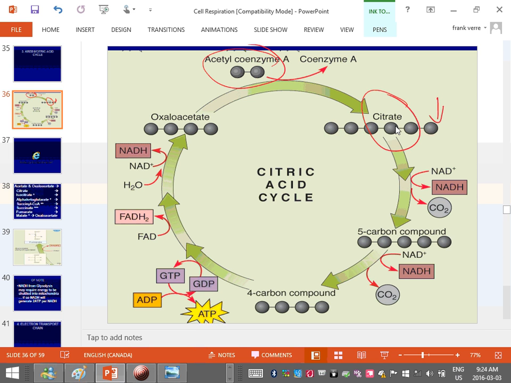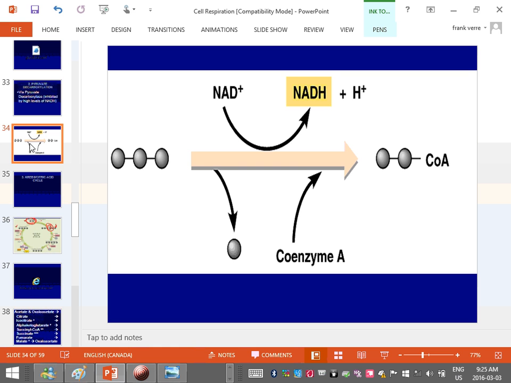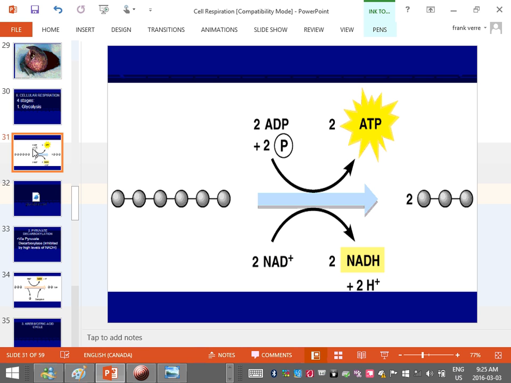Well, let me ask you a question. How can I make more of this? To make this, I need more of what? This and this, right? How do I get more of this? How do I get more acetyl-CoA? By breaking down more pyruvate. But how do I get more pyruvate? By breaking down more glucose, right?